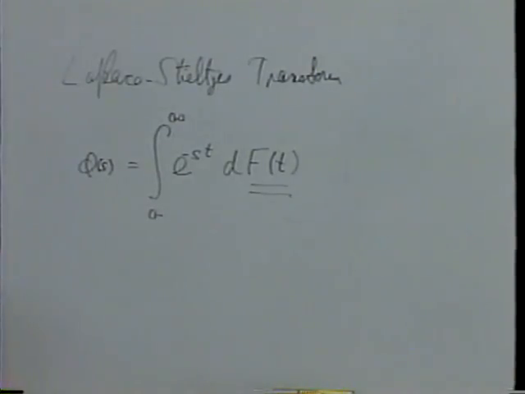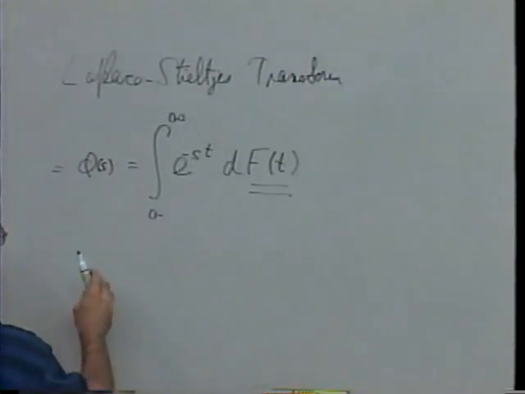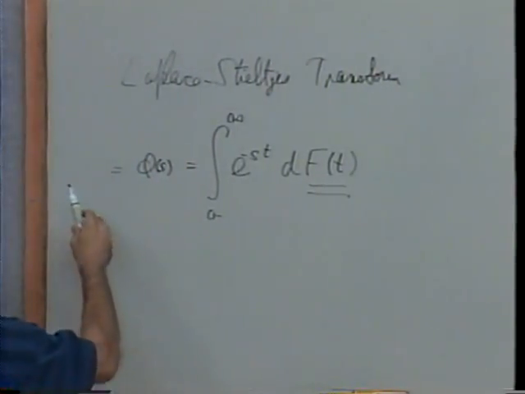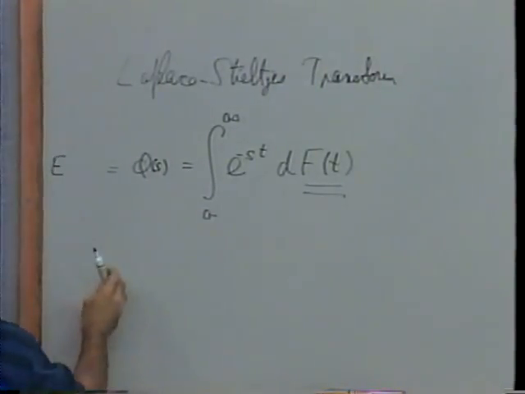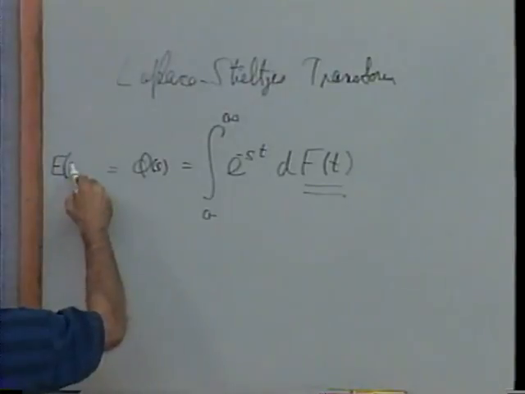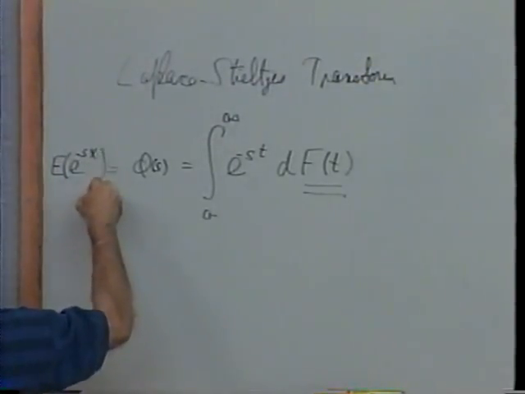Okay, one last thing before we quit, and then I'll start here next time. From a technical point of view, you could argue that this is the same thing as the expected value of the function e to the minus sx.